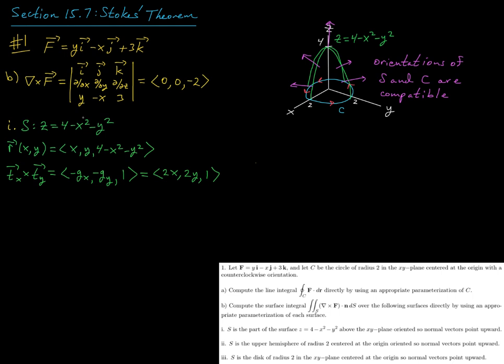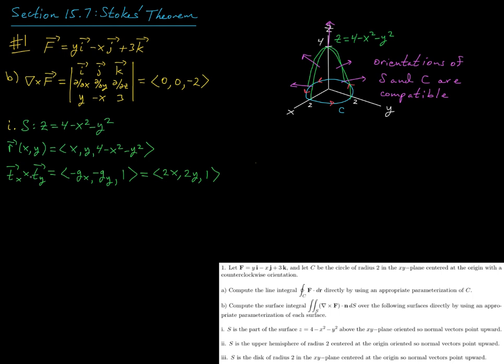All right, cool. So now the surface is given in explicit form. It's just z equals this expression here, 4 minus x squared minus y squared. So I'm going to use an explicit parameterization of the surface. So recalling from the last section, this is just r of x,y is x comma y comma 4 minus x squared minus y squared.